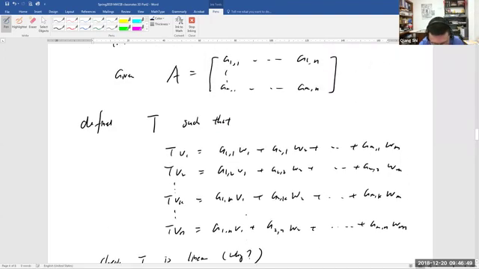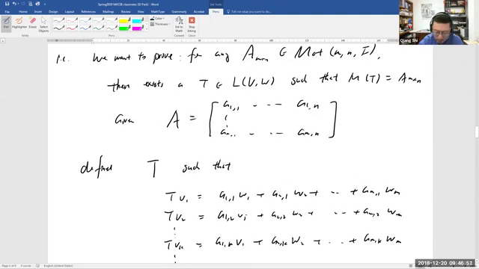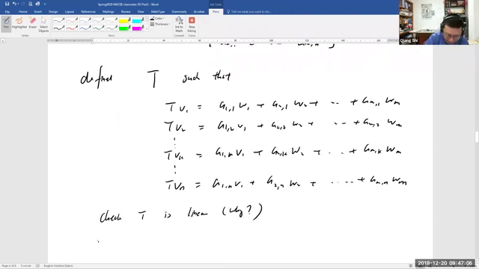And then what else? Well, if you know this is linear, then what we're looking for is that the matrix representation of T is the same as A. By the definition of T, the matrix of this T under this basis, so this is our definition, right?